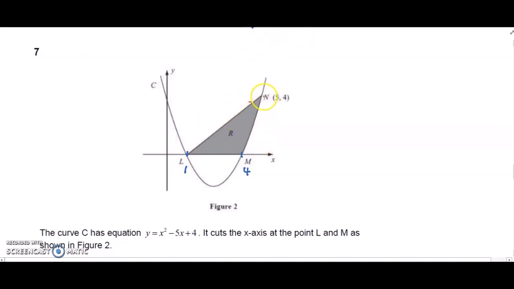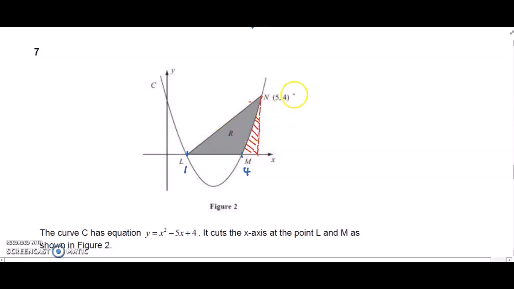To find R, I need to find the area of this triangle first, meaning that I need to find the equation of this straight line. Then I integrate this straight line and I get my triangle area. Then after that, I find this area. I take the area of the triangle minus the area that I shaded here, and I get the area of the region R.